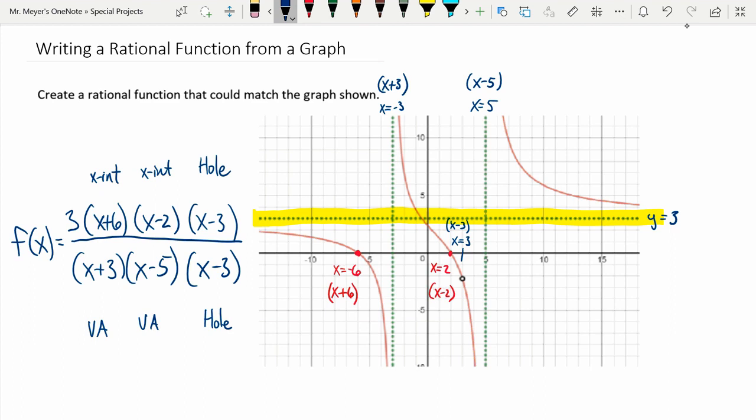That 3 is going to produce the horizontal asymptote that you see right there. The third situation, which is another topic we can get into sometime, is that you can sometimes have diagonal asymptotes or even other asymptotes, and that occurs when the power of the numerator is greater than the power of the denominator. All right, I hope you all found that helpful.